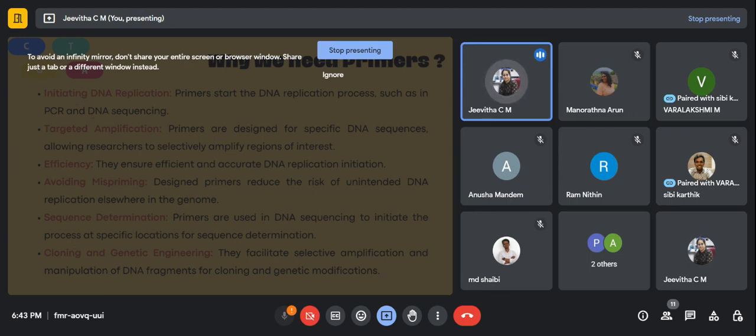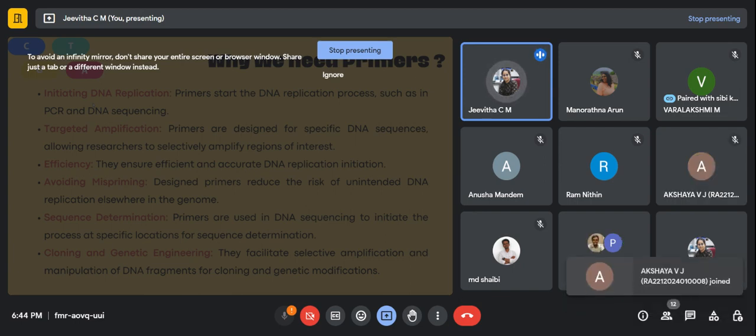So why we need primers is, when you have a genome of around 3 kb or 4 kb nucleotide length, you can't amplify such a huge amount of DNA, and you're focusing only on a particular region where the mutation or some changes occur. So in that case, you have to design the primers targeting only that particular region. So that's where we use the primers.